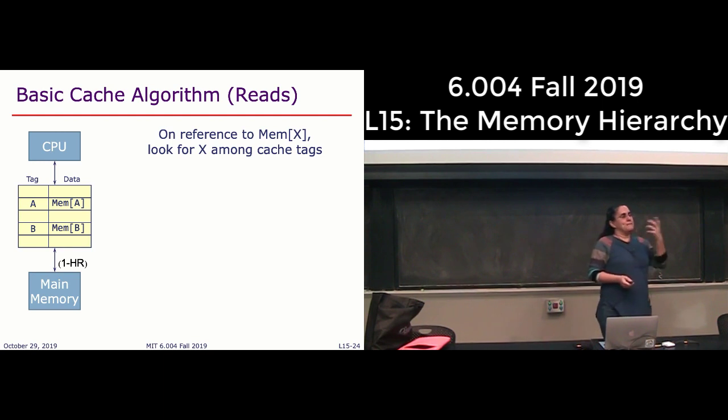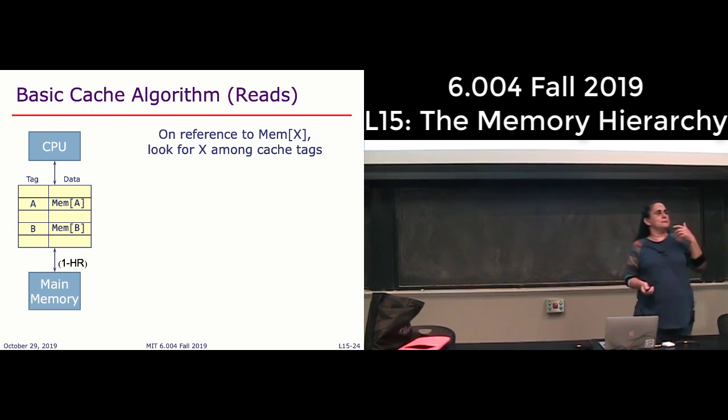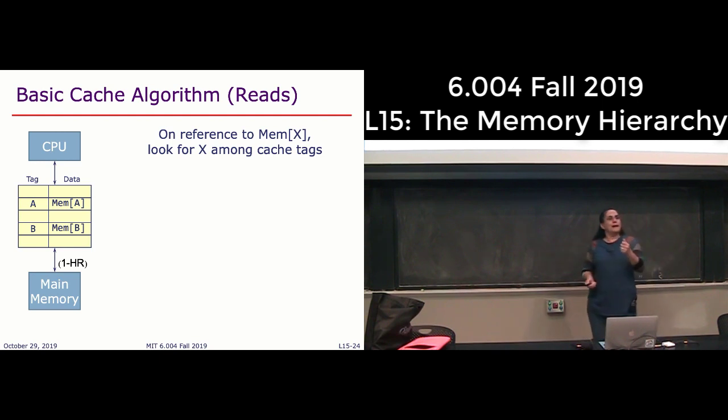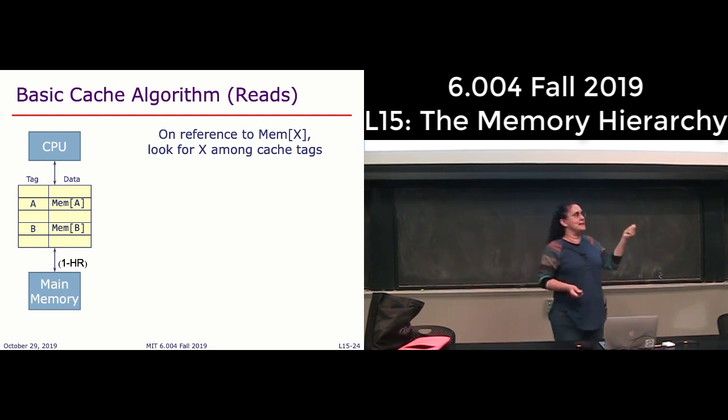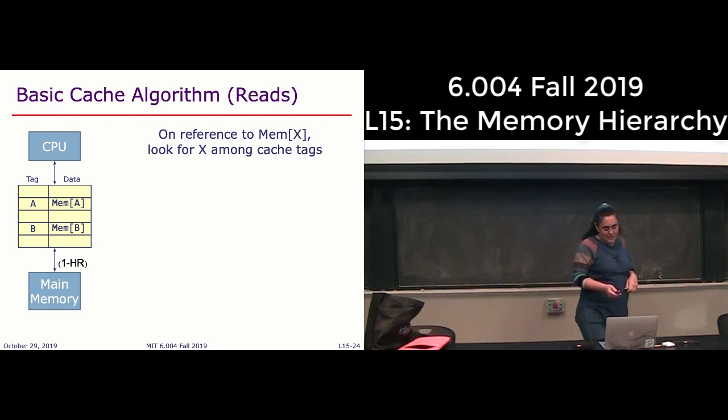So when I put something into the cache, not only do I need to put the data that it's storing, but I also need to put some information about the address from where the data came. And that's what's referred to here by the tag. So the tag is telling me where this data came from, and then the data is the data itself.